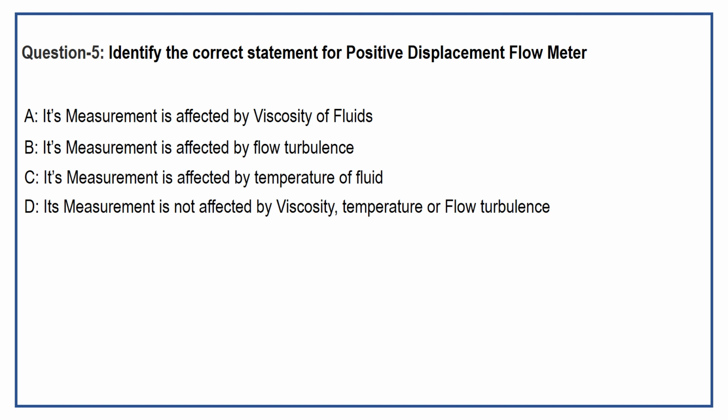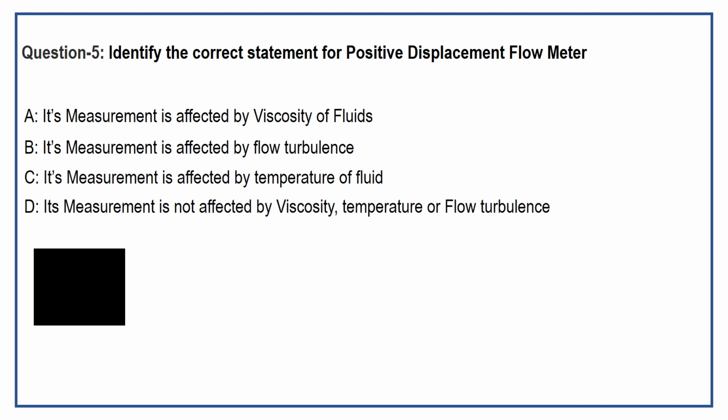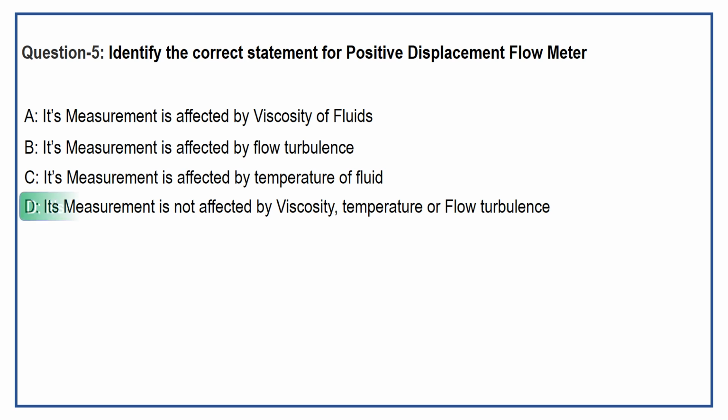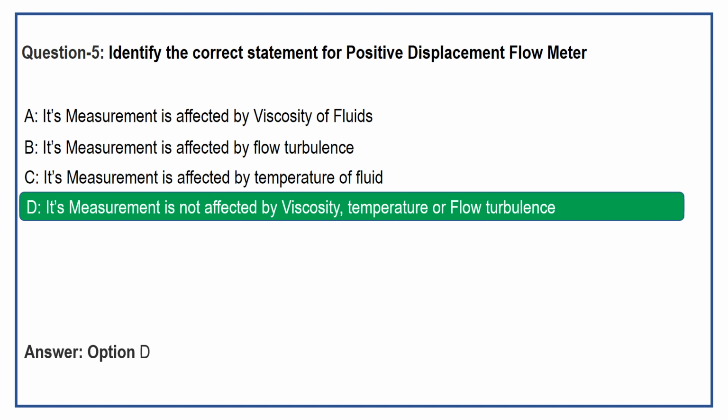Or option D, its measurement is not affected by viscosity, temperature or flow turbulence. And the correct answer of this question is option D, its measurement is not affected by viscosity, temperature or flow turbulence.